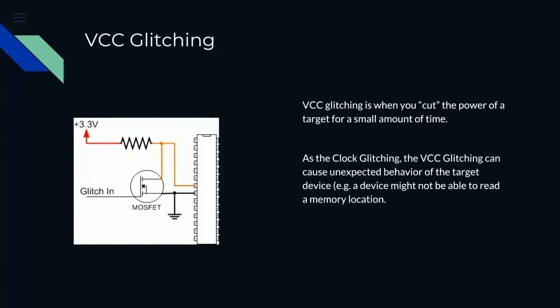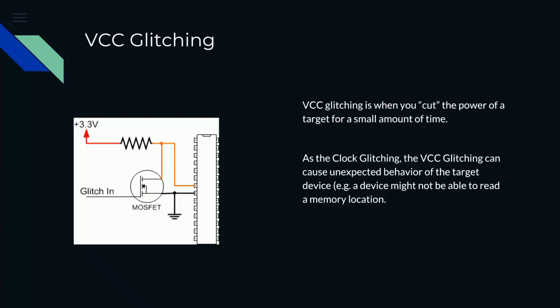VCC glitching is similar to clock glitch attacks, but instead of shortening the clock, you just cut off the power to the device itself. The power pins, you connect directly to the ground, and the device will have less power to execute.